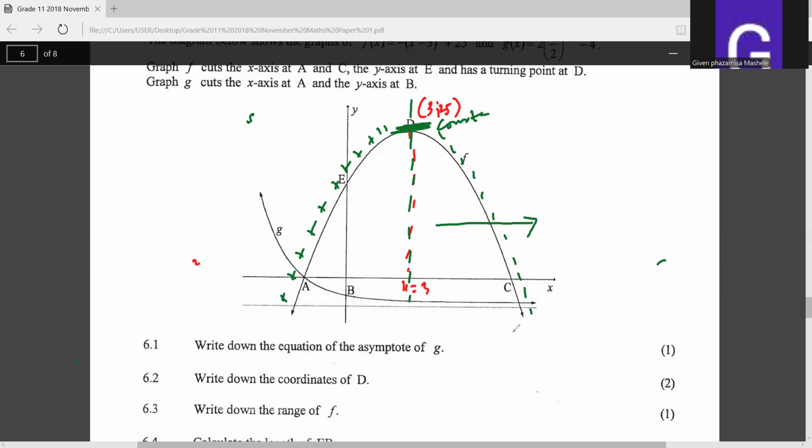Or we can say x is an element from 3 up until infinity, excluding 3. It's still the same answer. Not including 3, because at 3 the graph is not increasing or decreasing. It's at the turning point.